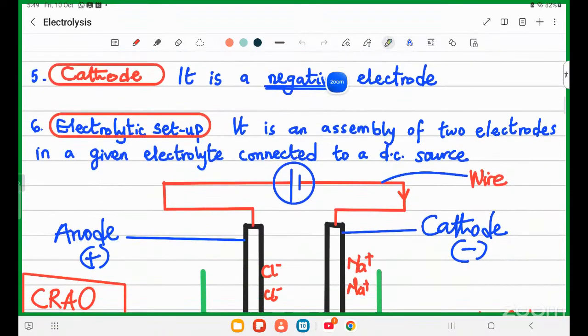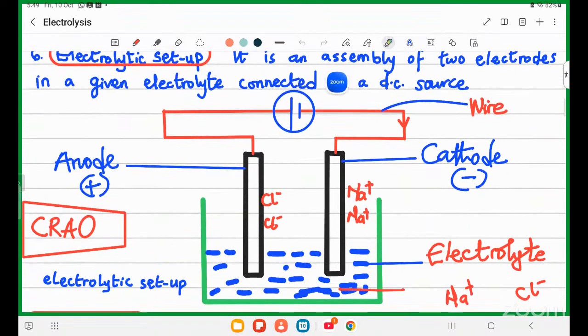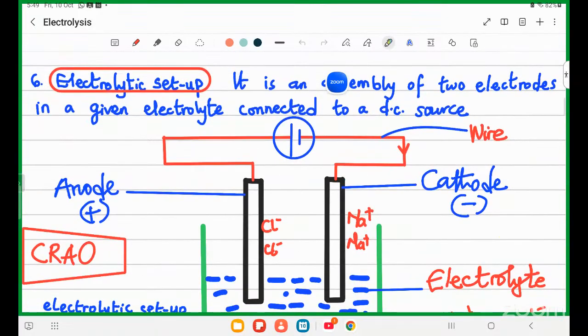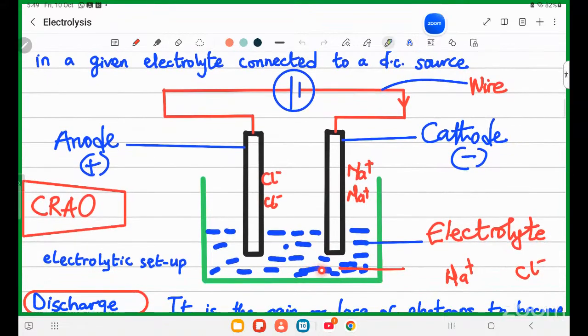Then we drew the electrolytic setup, and we said it's an assembly, that is arrangement of two electrodes in a given electrolyte, connected to a DC source, direct current source.